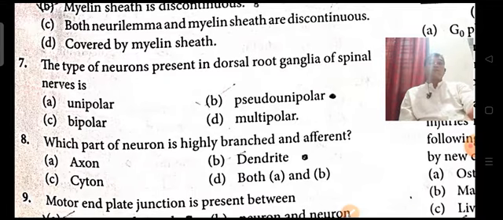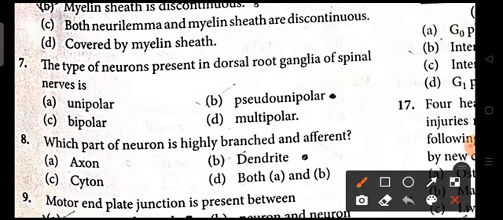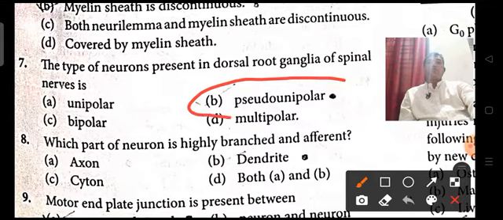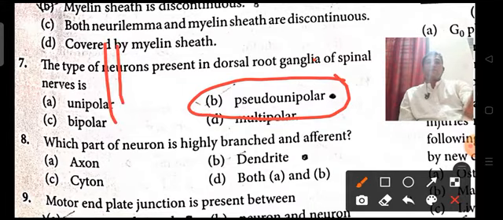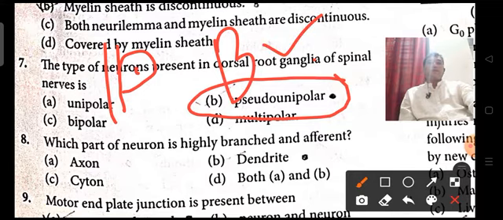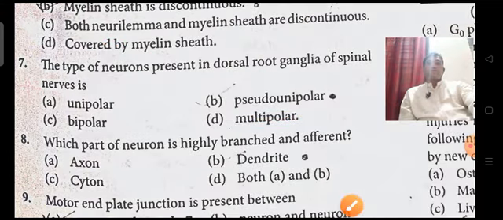So the answer is pseudo-unipolar, in which the cyton is like this. Option B is the right option.